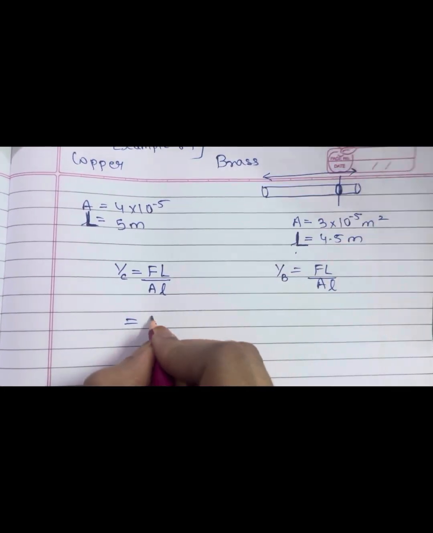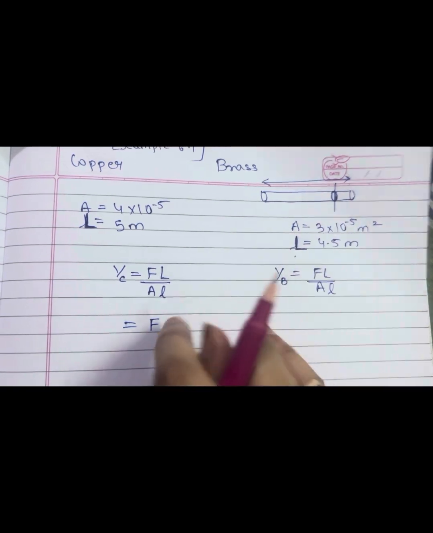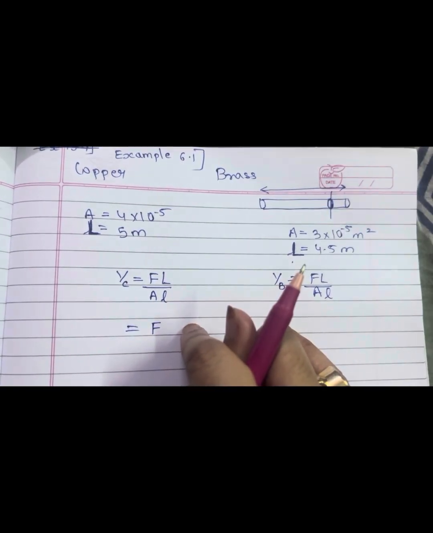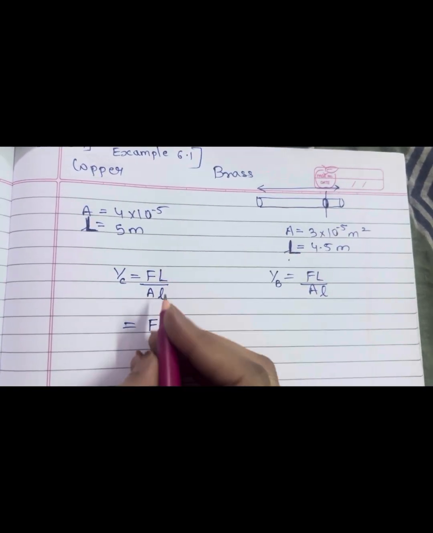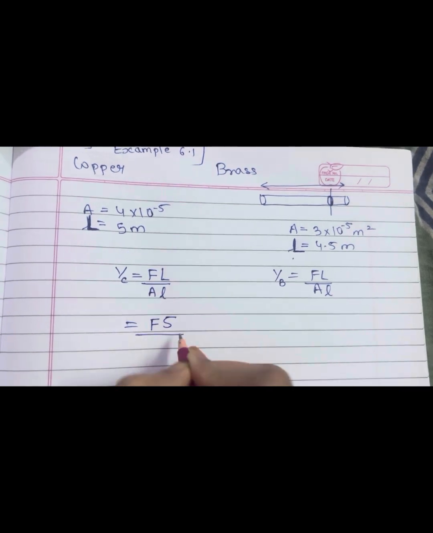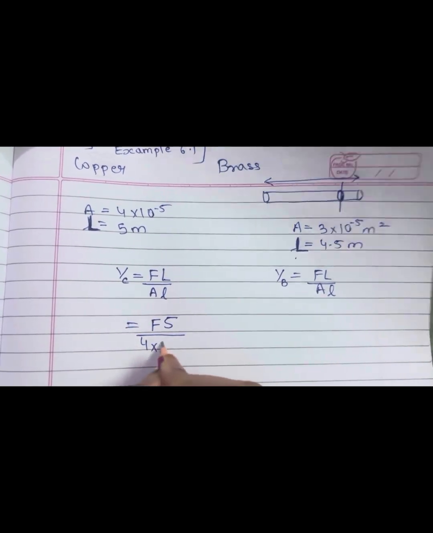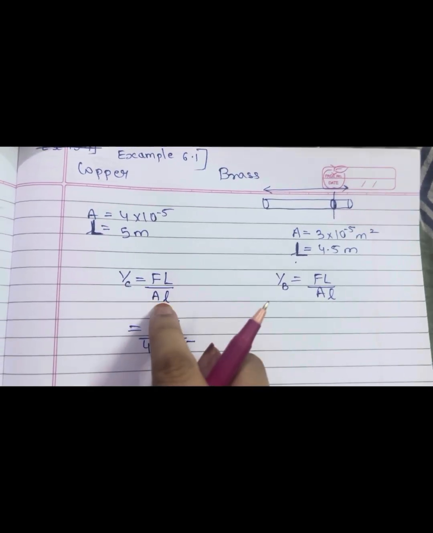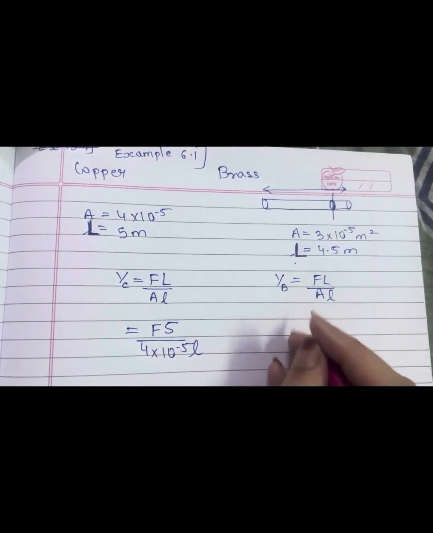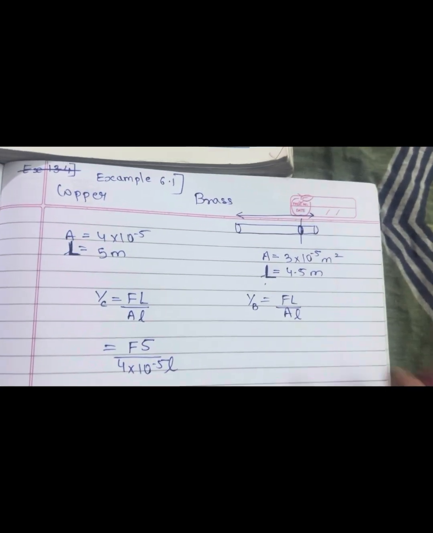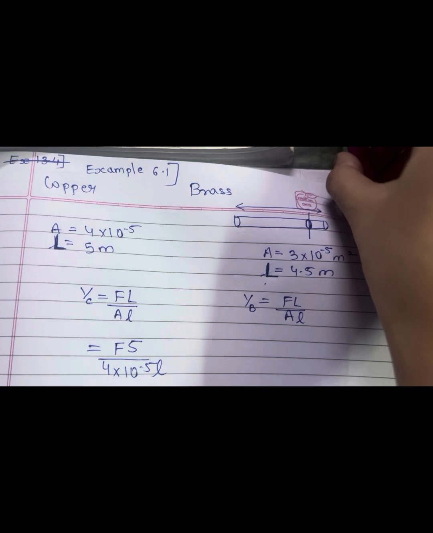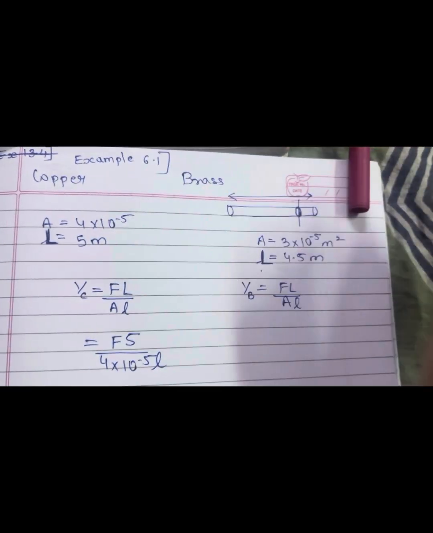So let F be as it is because same load is applied, means same amount of force is applied on both the wires. Capital L is 5, cross sectional area is 4 into 10 raised to minus 5 and elongation is l, that is same amount of elongation in both the wires because same load is applied or same force is applied.